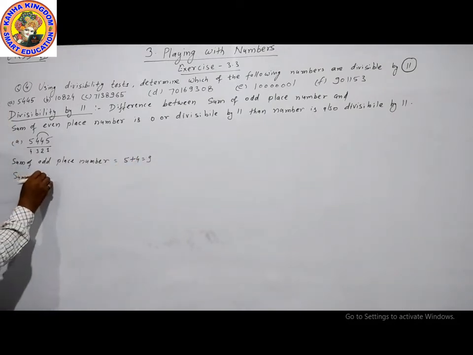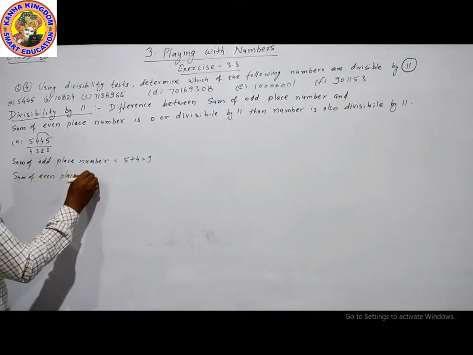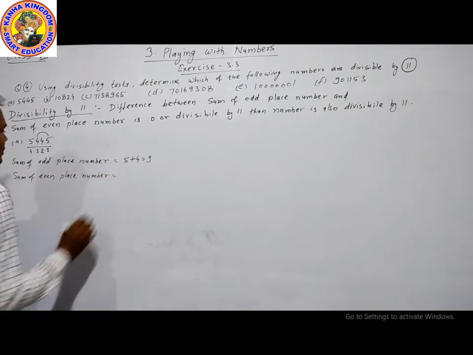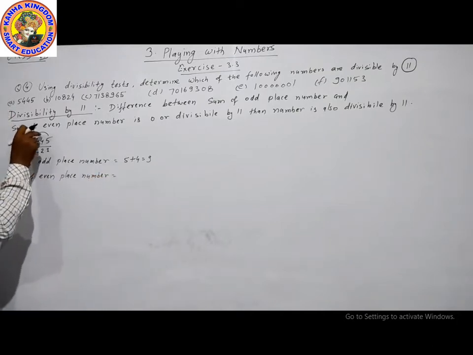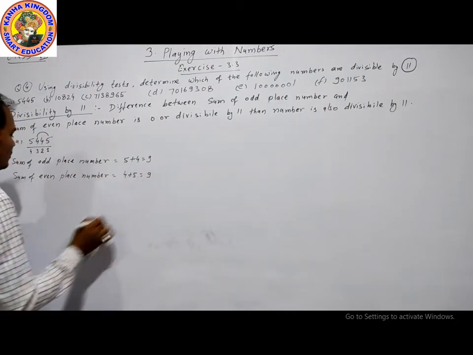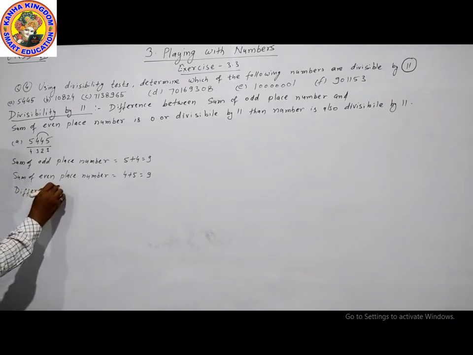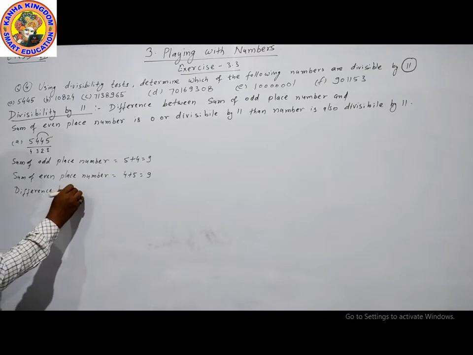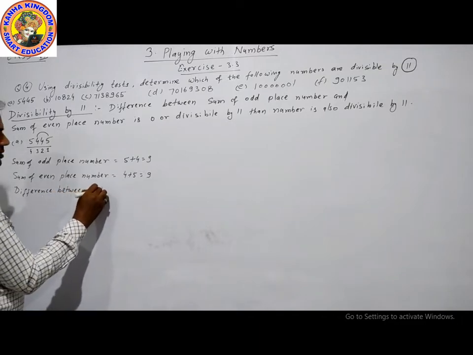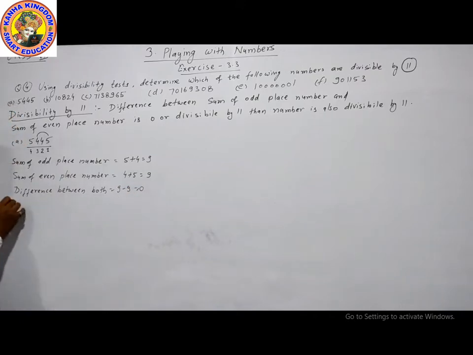Sum of even place numbers, even places 2 and 4. Now the numbers are 4 and 5. 4 plus 5 is equal to 9. Difference between both, 9 minus 9 is equal to 0.